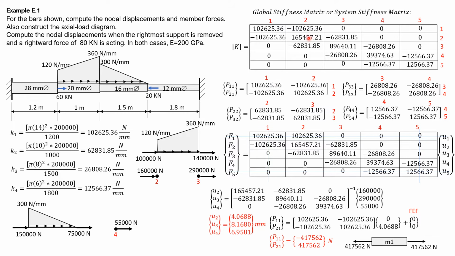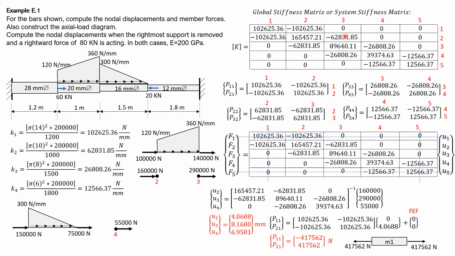Then this is 2, 2. So we have 2, 2 here, 102,625.36, and another 2, 2 here, row 2, column 2. So adding these two stiffnesses, you'll get 165,457.21.